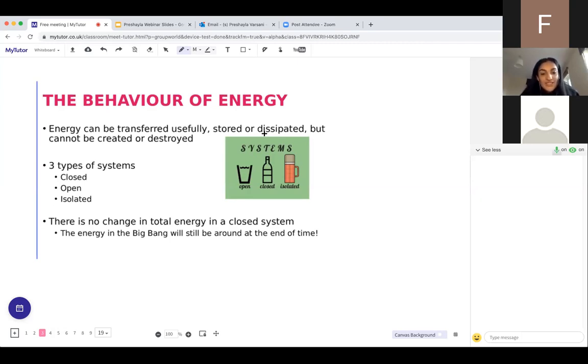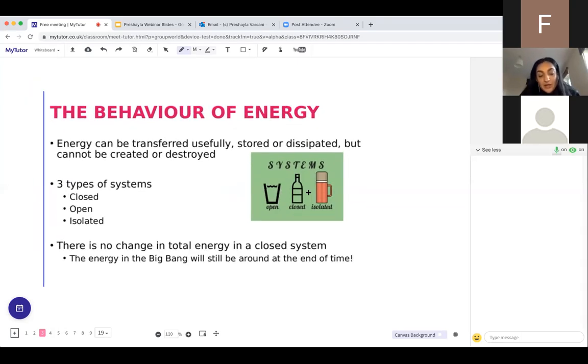So as you can see in the little figure here, we have an open system, a closed system, and an isolated system. The open one is an open cup, energy can leave and heat can be lost to the surrounding. So that could be a cup of coffee and the heat that is in the coffee from the boiling water leaves and heats up the surrounding around the cup.